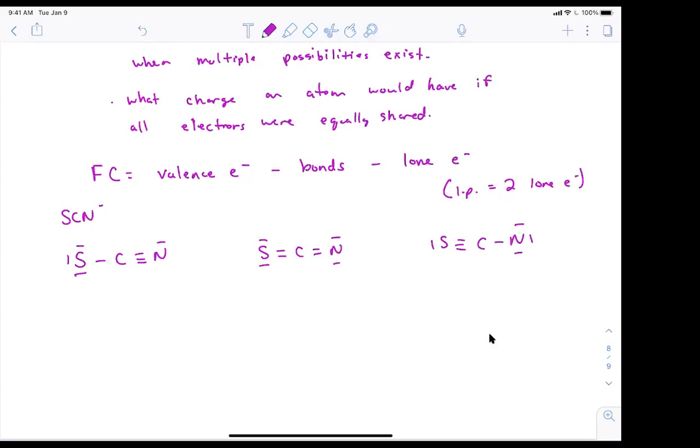It looks like all 3 of these ways it could exist, because technically these all match the required electrons for each atom. Technically, they all have an octet and everything is balanced, but one of these structures is better than the other 2. And so what we'll do is solve for the formal charge for each of these. So for S, and then C, and then N.